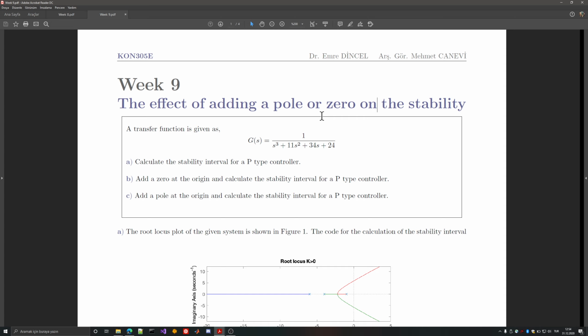Now, if you consider a PI controller, the PI controller adds one zero somewhere on the complex plane, but most probably on the real axis, because if you want to have a realizable system or a system with real coefficients, then if there is just one zero, that should be on the real axis. The PI controller adds a zero to the real axis.